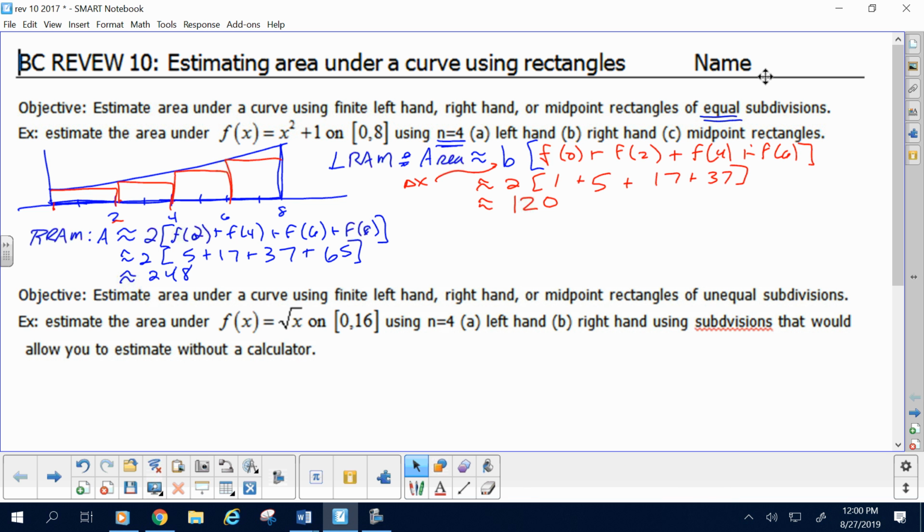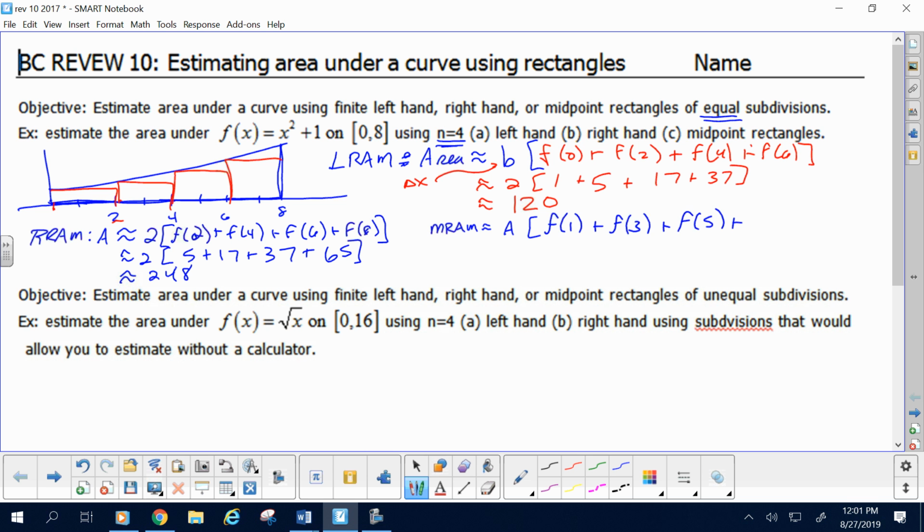Let's try midpoint. What's the base of each if I do midpoint? Still 2. But now the heights are the midpoint of each subregion. So f at 1, f at 3, f at 5, and f at 7.